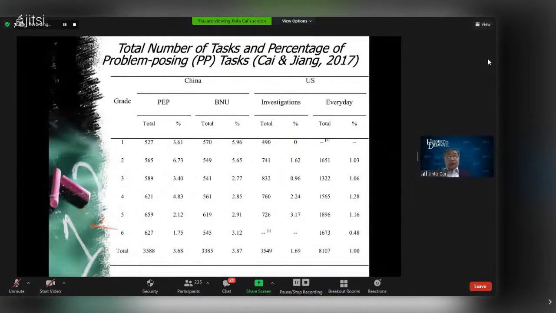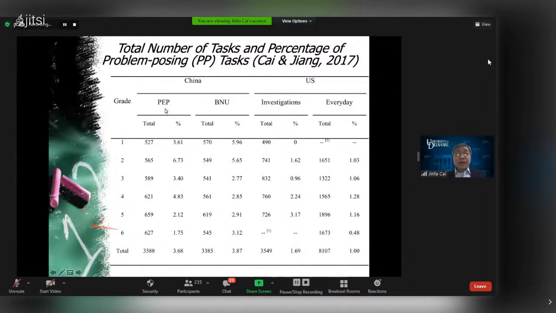In order to examine to what extent textbooks included problem posing activities, I analyzed several elementary school math textbooks in the USA and several elementary math textbooks in China.